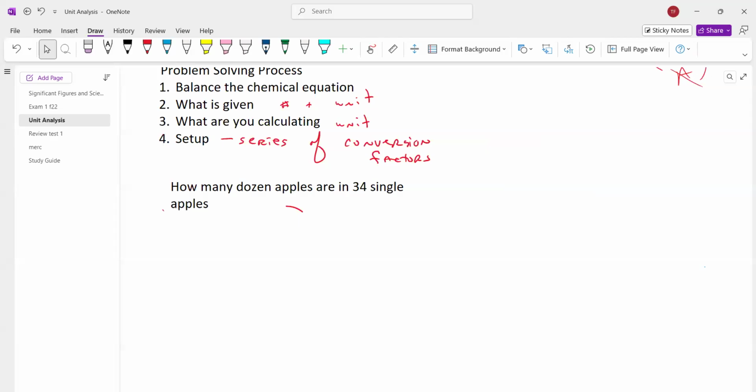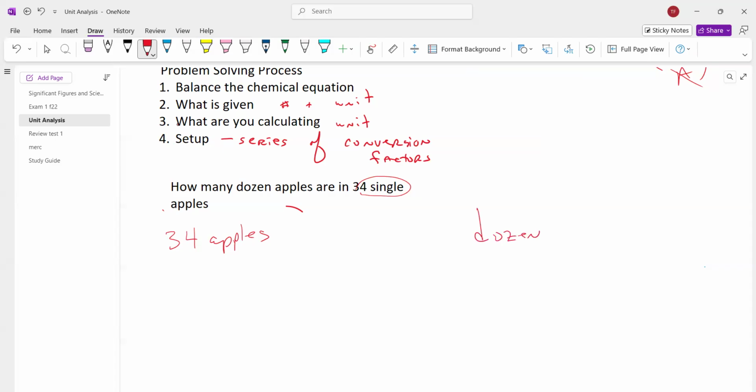Okay, so the given is 34 apples. That goes on the left. What are we trying to calculate? Dozen. Dozen goes on the right.